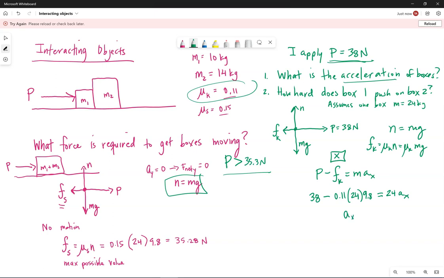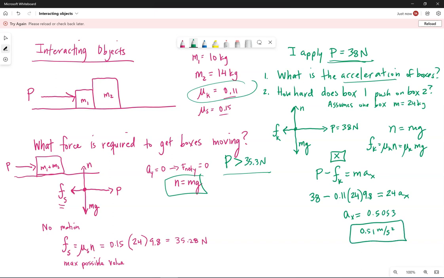So let me plug that in. Okay, so a few digits. As far as expressing my answer, I would say that the acceleration is 0.51 meters per second squared.